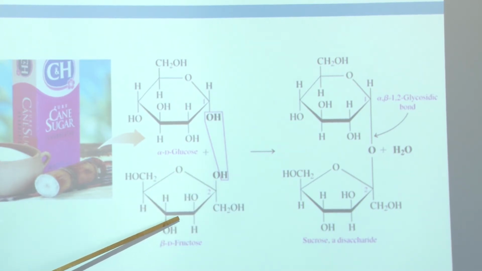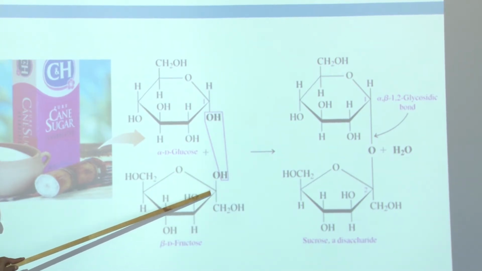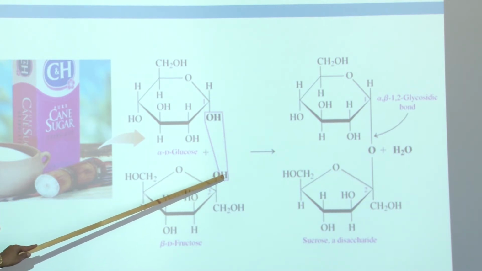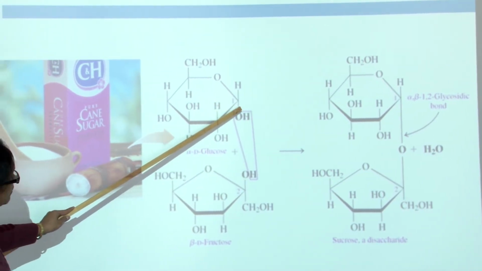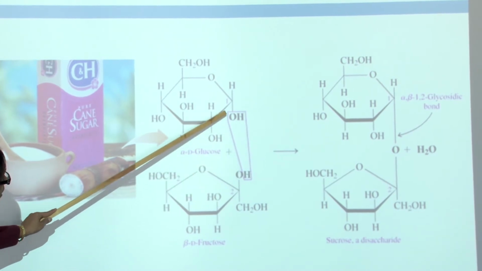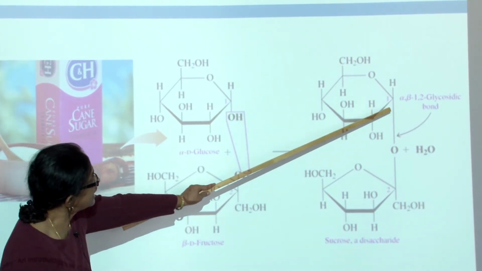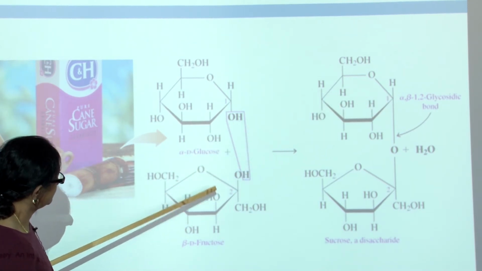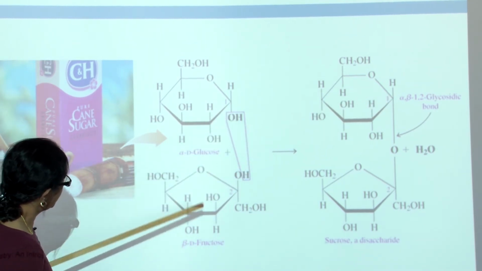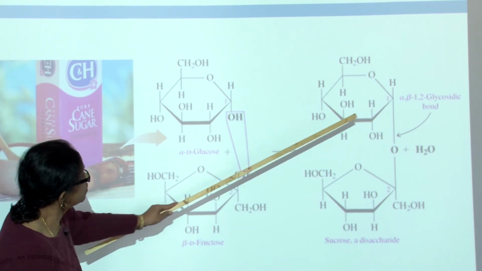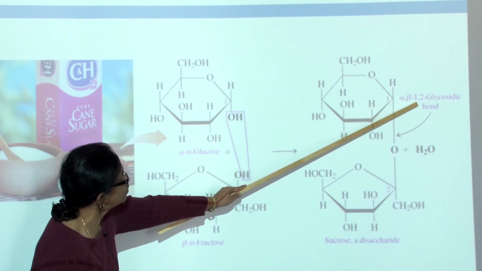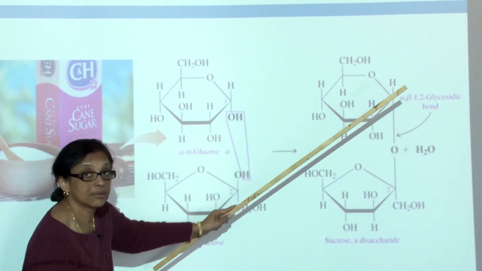Now we are going to connect carbon 2 and carbon 1 by eliminating a water molecule. So here is your alpha, there is your beta. So alpha beta 1,2 glycosidic bond.